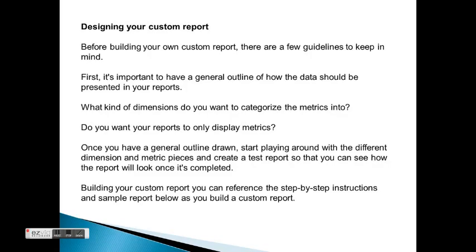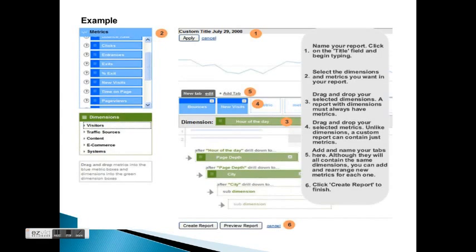Building your custom report, you can reference the step-by-step instructions and sample report on the next slide as you build a custom report. As an example, at the top of the page, the first item is to name your report. Click on the title field and begin typing. The second thing is you want to select the dimensions and metrics you want in your report. The third is in the very middle, and you want to drag and drop your selected dimensions.